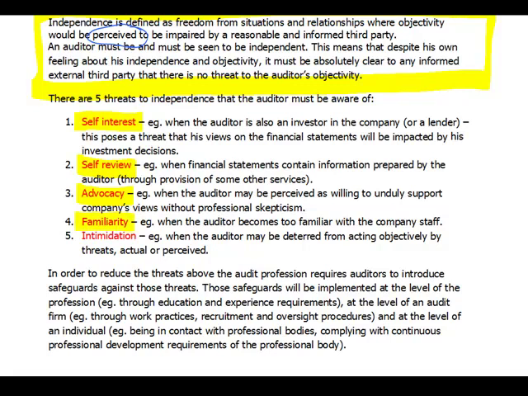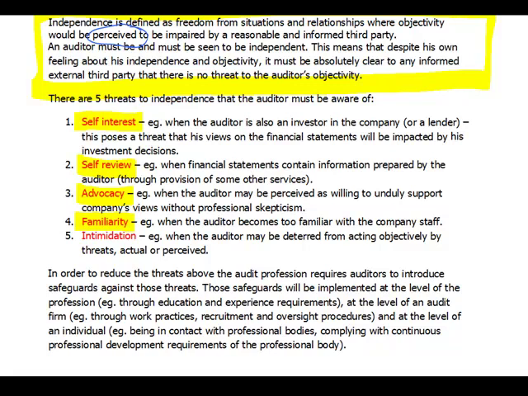Number 4 is familiarity. The auditor will not be perceived as independent if the auditor is too close with the client's staff. That may be in the form of friendly get-togethers, playing golf together too much, attending parties, and these sort of situations.